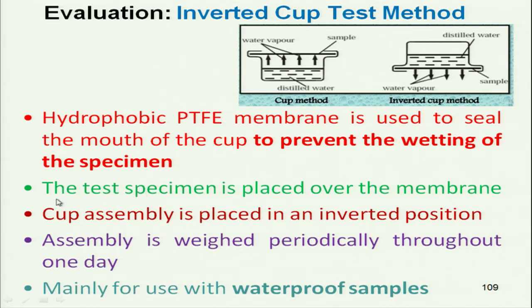First there is the cup, then the hydrophobic PTFE membrane, which is breathable, through which moisture can pass but water will not, and over that the test specimen is placed, and then it is inverted. Mainly it is used for waterproof fabric, but the rest of the calculation is the same as discussed earlier.